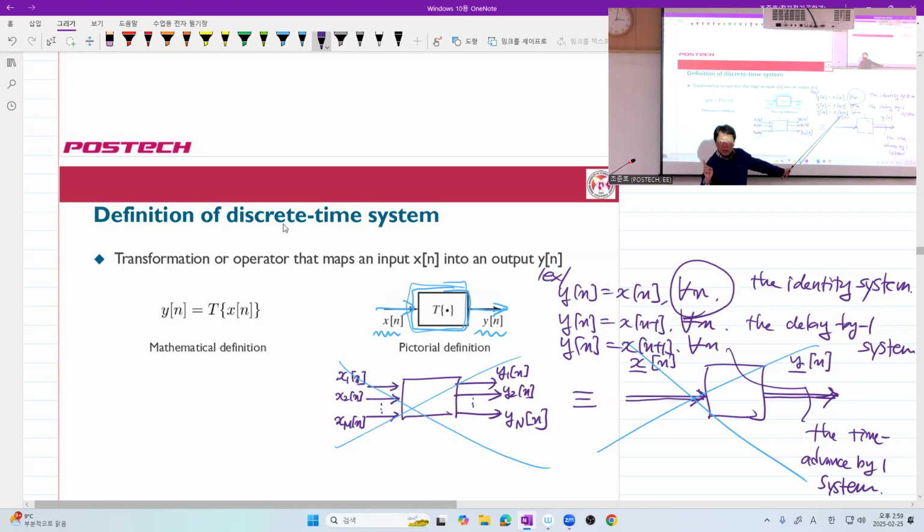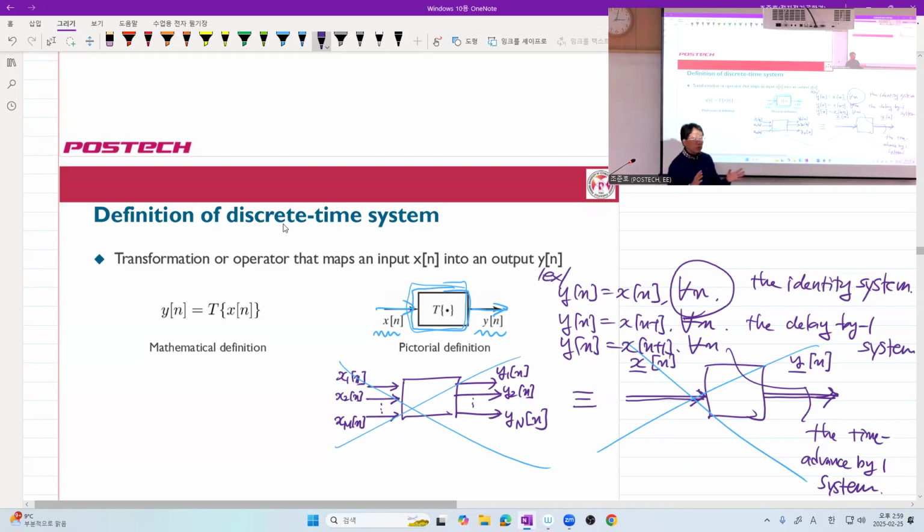Sometimes this is still okay because, as I told you, the time origin at the output is chosen differently from the time origin at the input. Sometimes we intentionally choose a different physical time instance so that this time advancement may make sense in the real world.